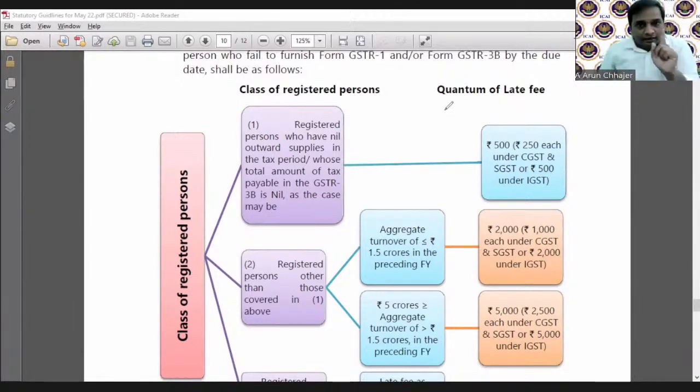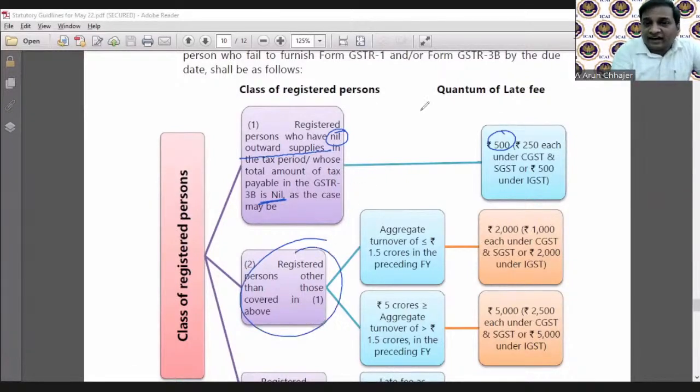If there is no outward supply in that tax period, or the total amount of tax payable is nil output tax liability, my maximum late fees would be 500: 250 CGST, 250 SGST, or 500 IGST.